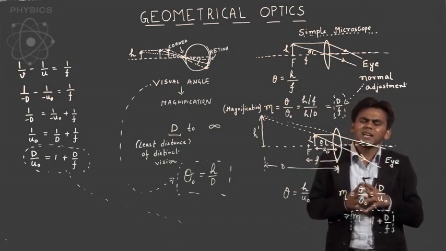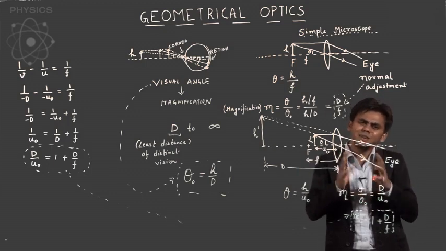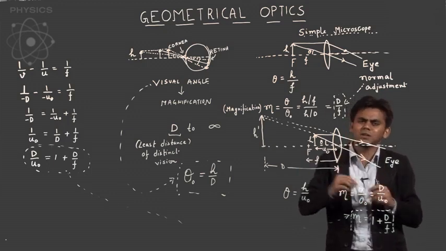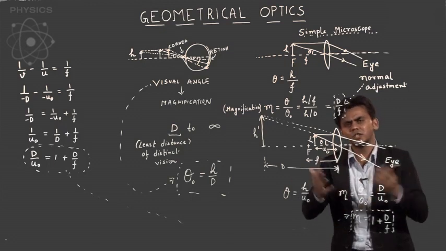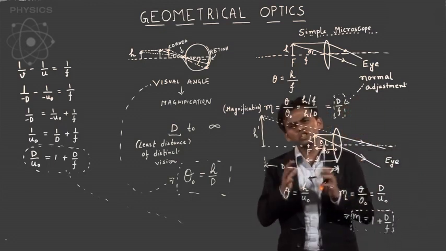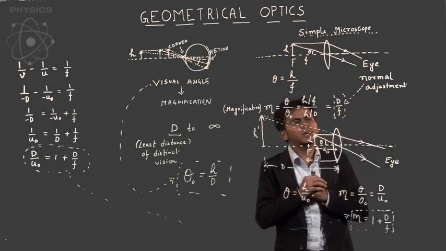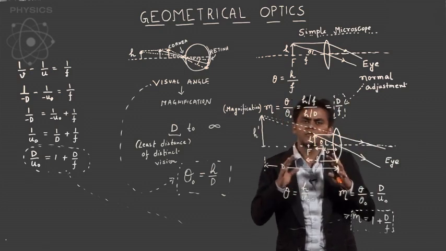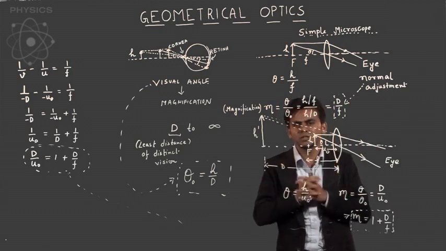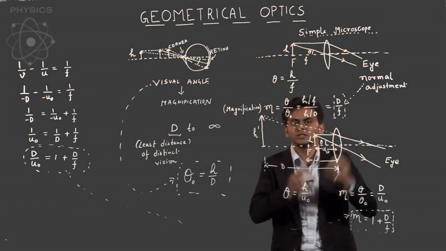Those things don't make the image clear, and we lose the clarity and precision which we were after. So essentially we don't pursue any magnification more than 4 to 5 times. Anything around 4 to 5 is okay for us, and that is the job of a simple microscope.